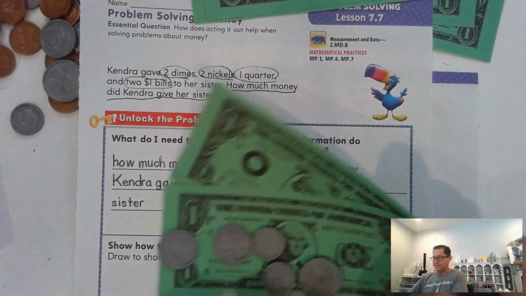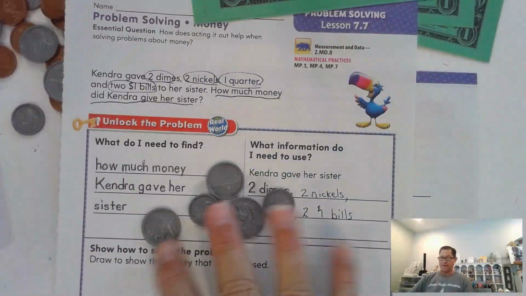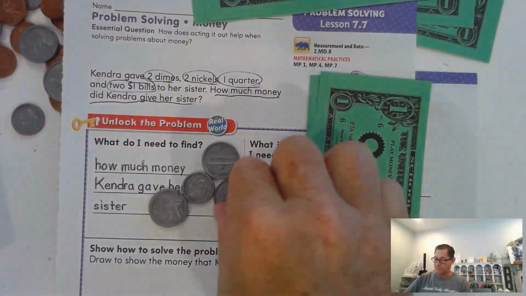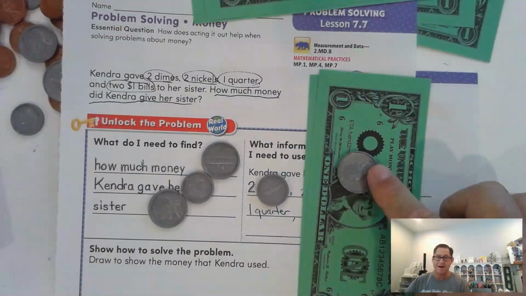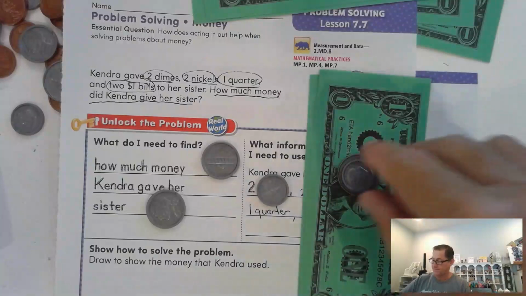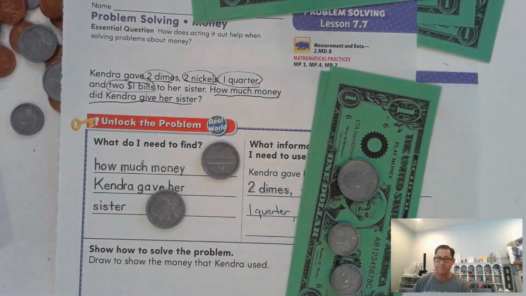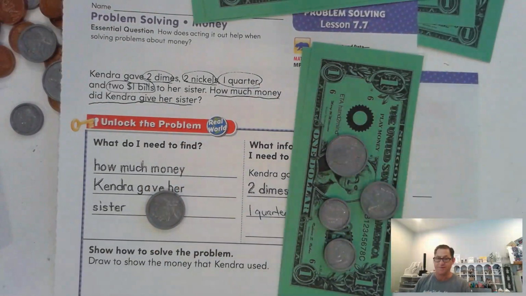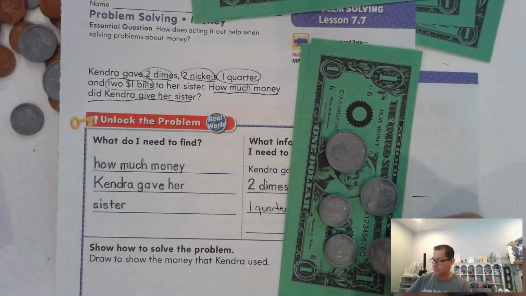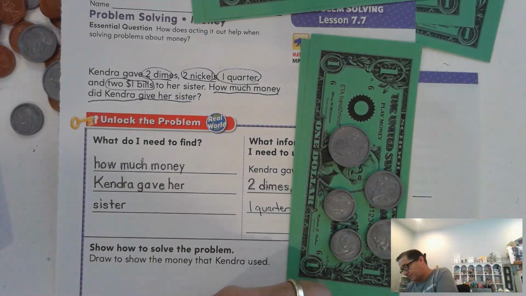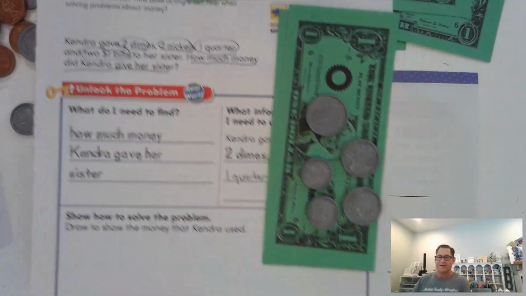Let's count that as we give it to her. 1, 2, 225, 235, 245, 250, 255. So she gave her sister $2.55.